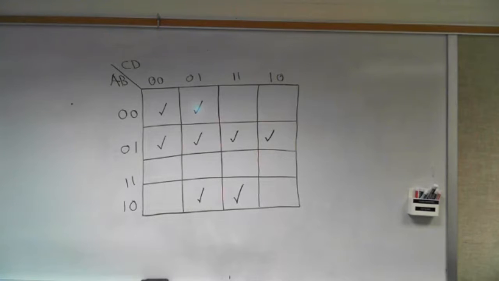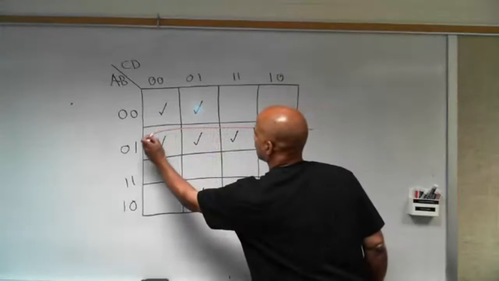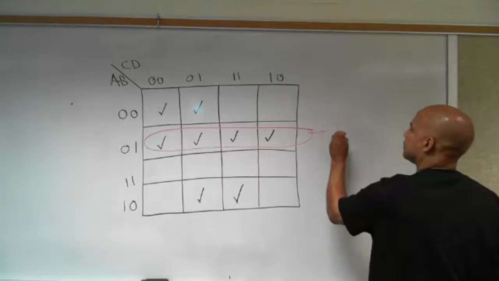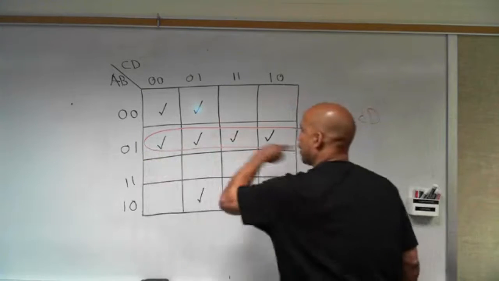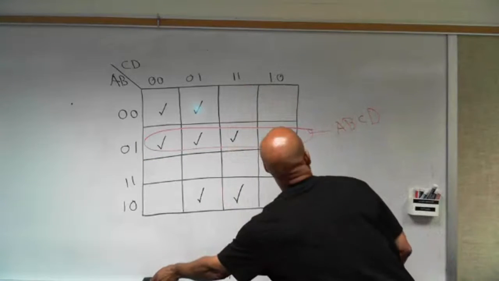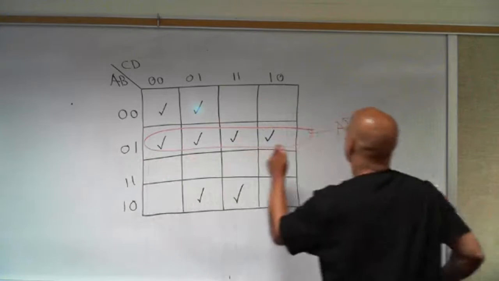Okay, anybody want to take a shot at this? How many groups? Are there 3? Okay. And I'm sure you got this one right here. And again, since we're going all the way across the map, I'm going to lose C and D. And A is a 0, so I got to knot it.